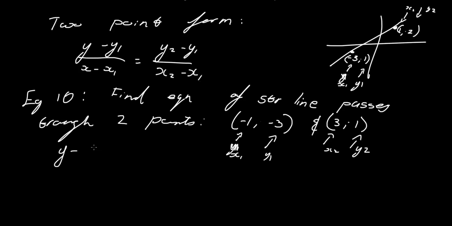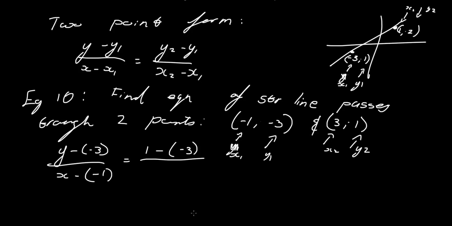Y minus y1 is minus 3, y over x minus x1 is minus 1 equals y2, which is 1, minus y1, which is negative 3, over x2 is 3, minus x1 is minus 1.